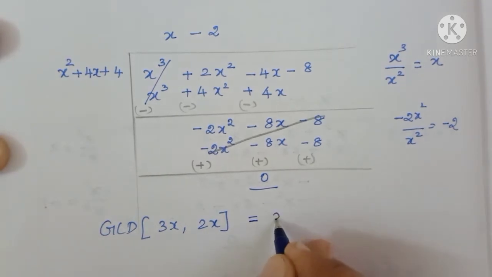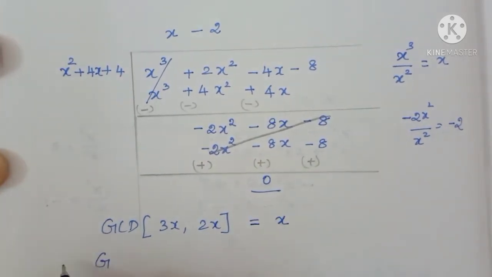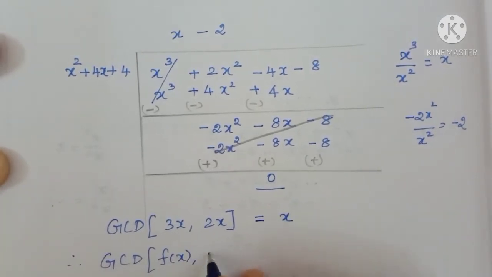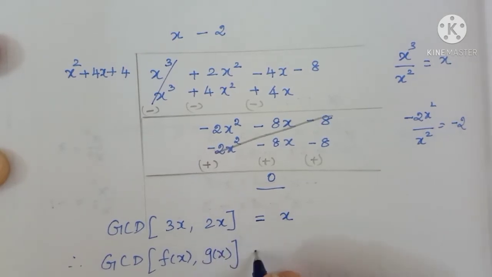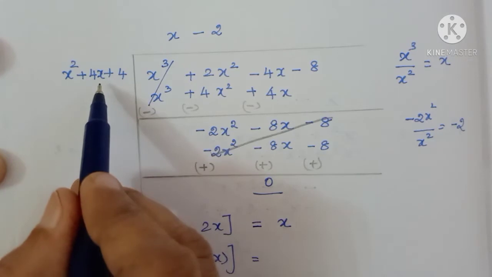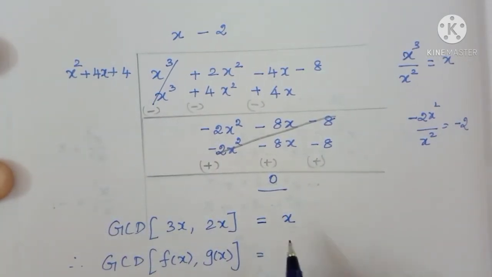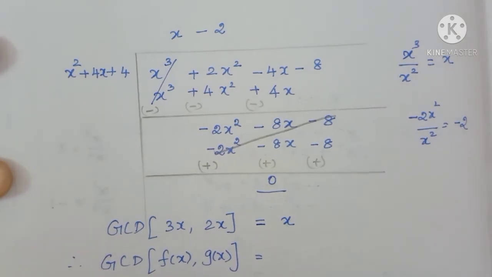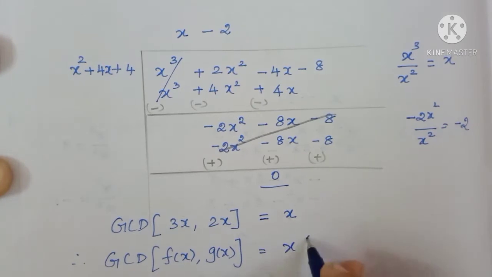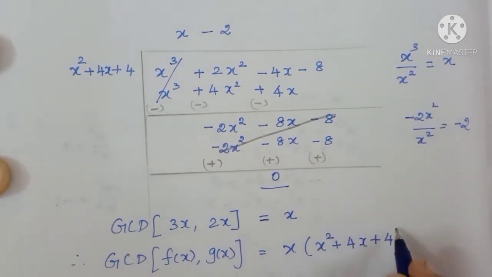So we can say the GCD of 3x, 2x is x. Now we are going to write the GCD of f of x and g of x. We calculated the GCD of the two polynomials as x squared plus 4x plus 4. And the two terms we took out are both also in product form only. So finally we can write this as GCD of f of x, g of x is equal to x into x squared plus 4x plus 4. Okay.